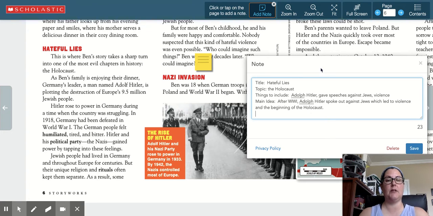But now I have to have supporting detail. And when I read this, there was a part that said he gave speeches with lies about Jews. And it's at the top, and I'm not able to show it to you right this minute, but I would say that Hitler, I am at my limit of words, so I'm going to save that box.